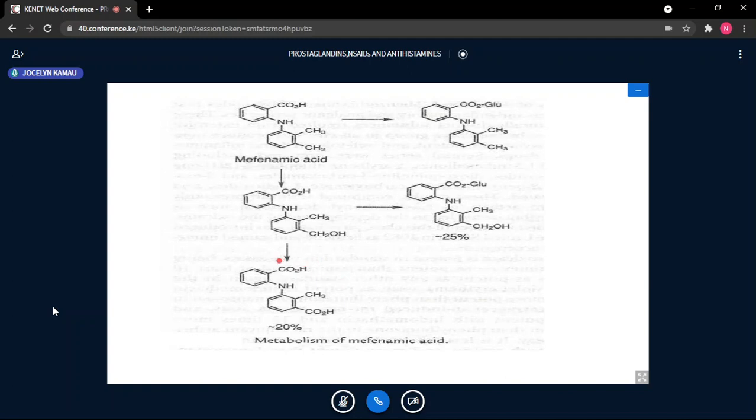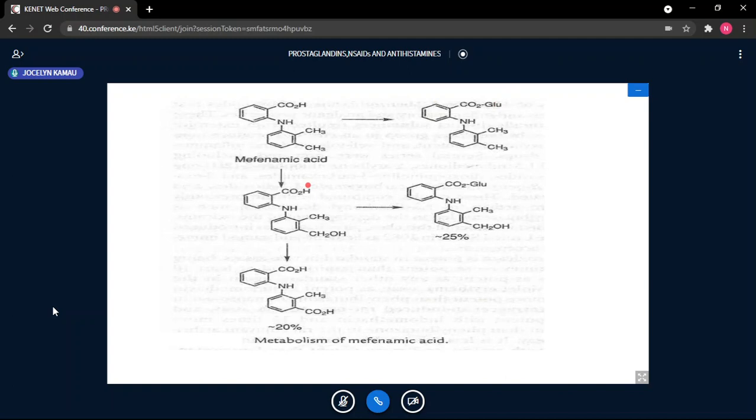That's why we are calling it dicarboxylic acid. That carboxylic acid might not require glucuronic conjugation, it's already highly water soluble. You can also have the alcohol derivative undergoing glucuronic conjugation. You can also have the one with the carboxylic acid undergoing glucuronic conjugation.